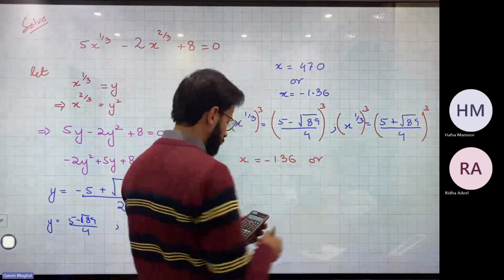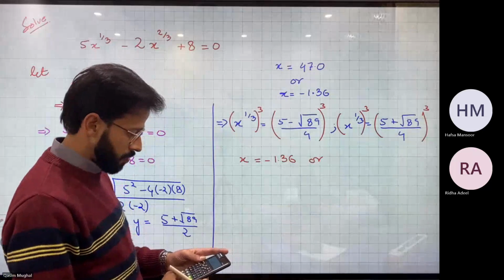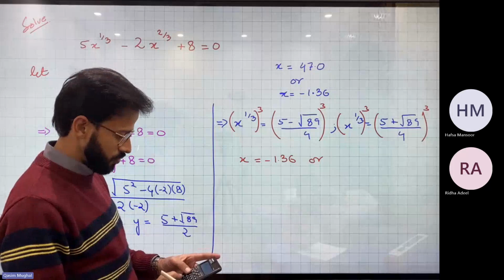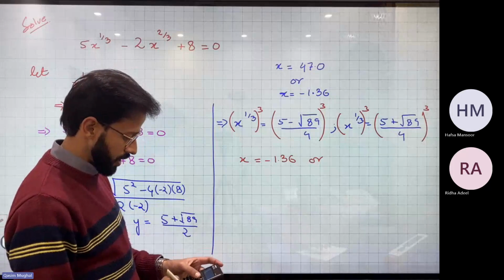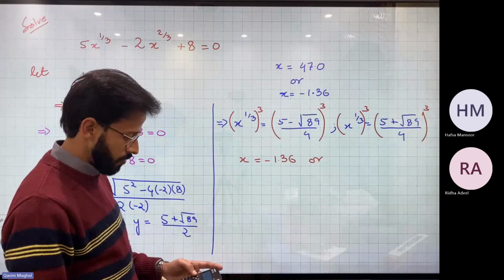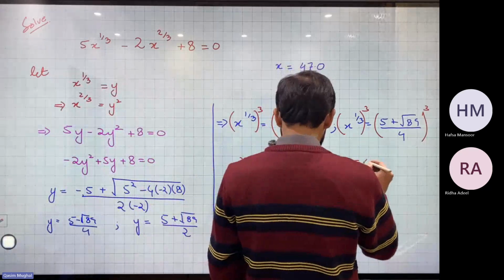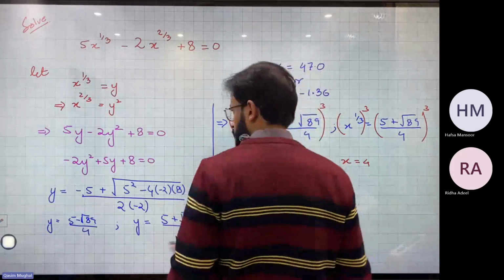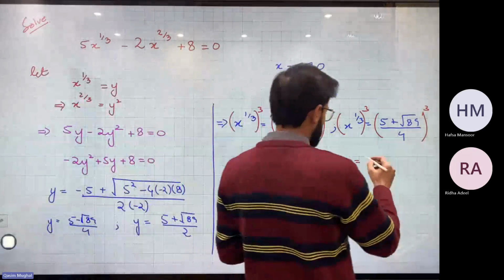Or, now moving on towards the other solution, bracket open, fraction, and then in the numerator 5 plus root of 89 over 4, bracket close, and the power of 3. And this is giving me x equals 46.98. So correct to 3 significant figures, it is going to be 47.0.